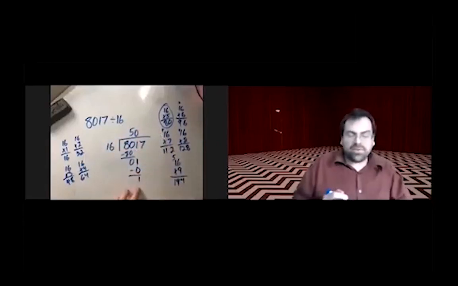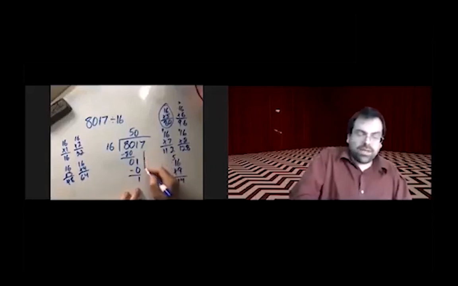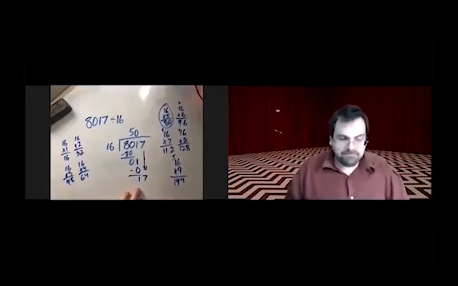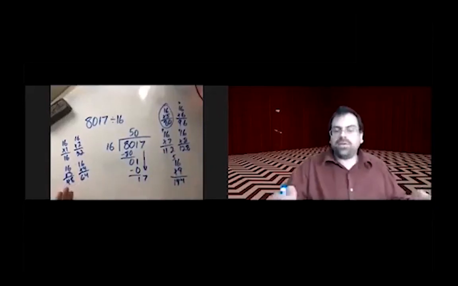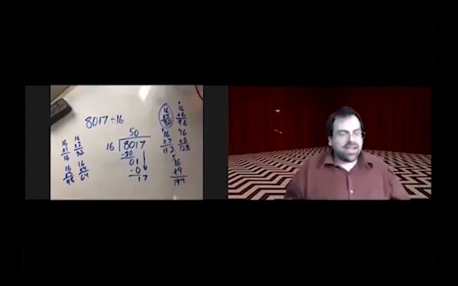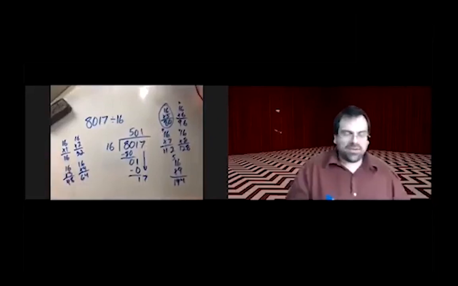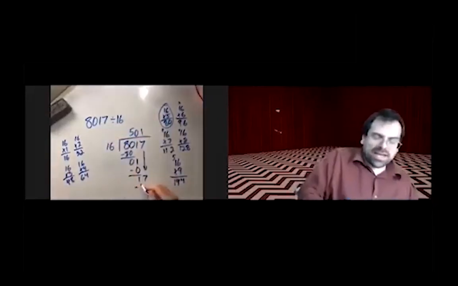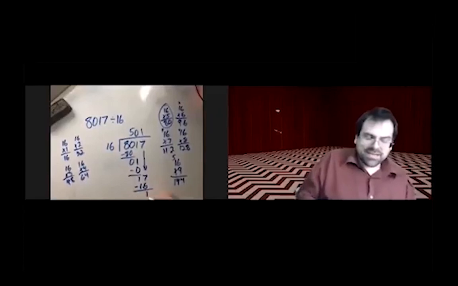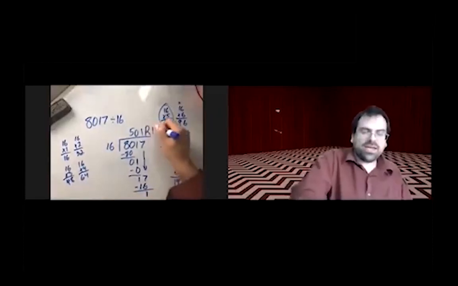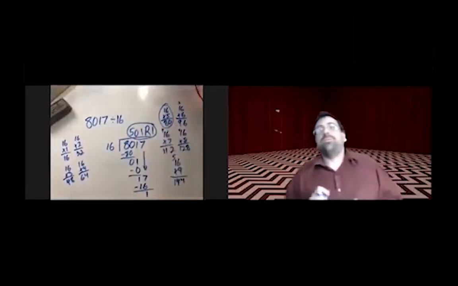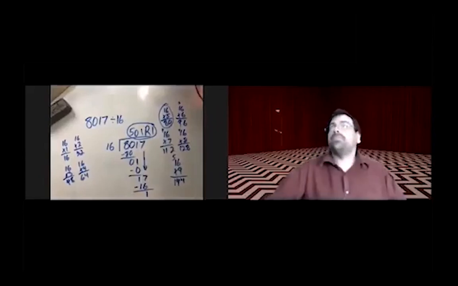We subtract, we get 1, and then we bring down the 7. All that work, we didn't need anything except that 80. 16 goes into 17 1 time without going over. 1 times 16 is 16. Subtract, we get a remainder of 1.